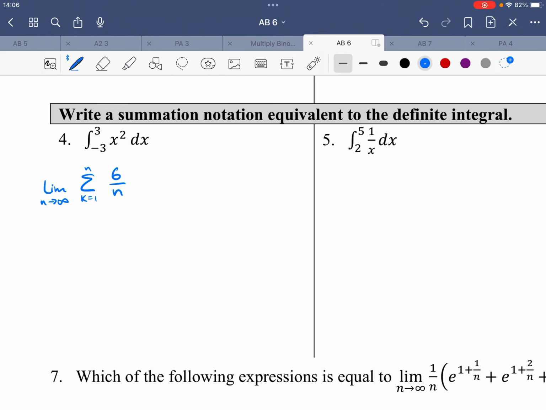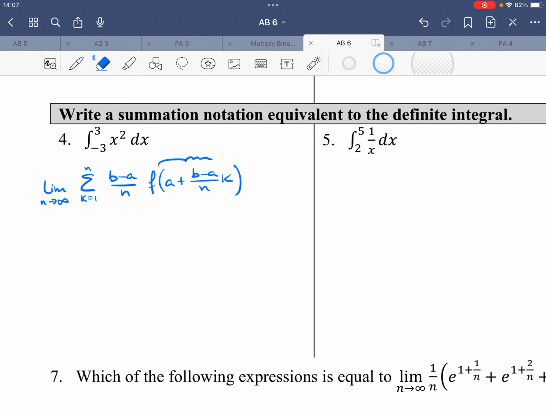Okay, and then what comes next, and maybe I'll do it in 2 steps at first. So then what I'm going to do really is, let me just write the whole thing. b minus a over n, so width times height. And height is going to be the function evaluated at big jump plus k small jumps.